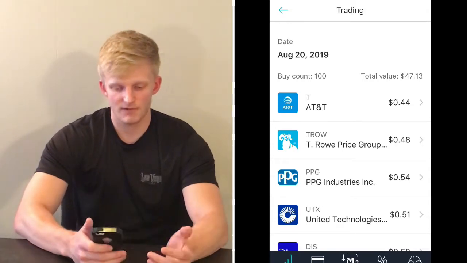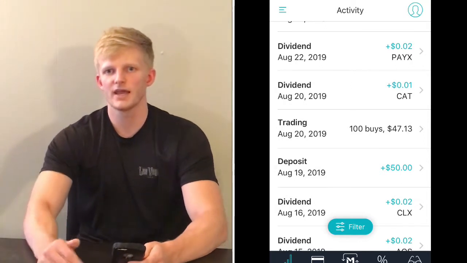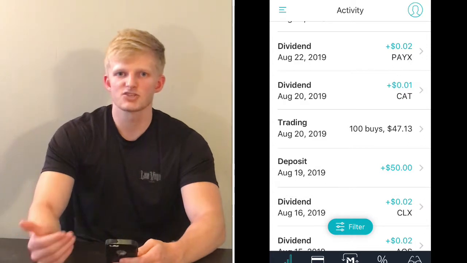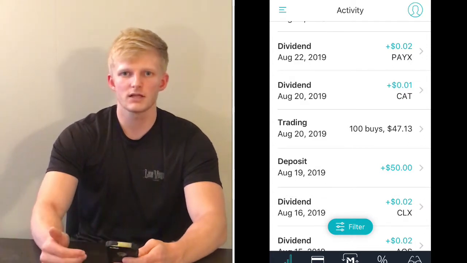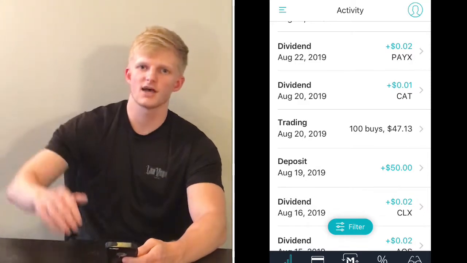This is a way of dollar cost averaging, which is another thing I like about the M1 Finance app. What I like to do is invest small amounts weekly or monthly, and just try to get that steady growth over time.